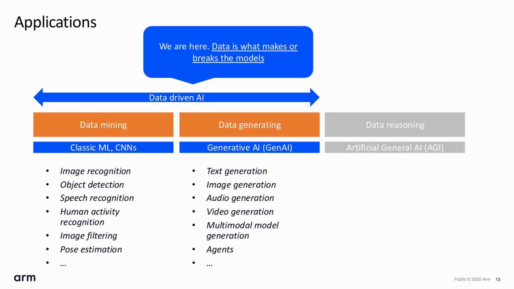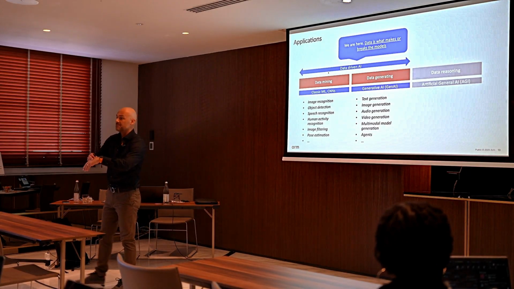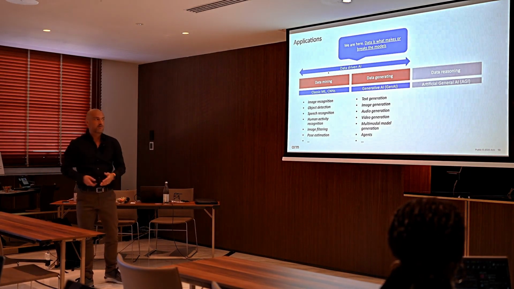And this is the summary of what I have just said. These are some of the applications we have seen in the past with classic machine learning or with CNN: image recognition, detection, speech recognition, human activity recognition with the accelerometer, for example, on microcontrollers. This is very popular.